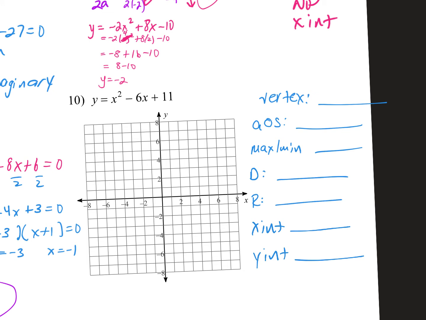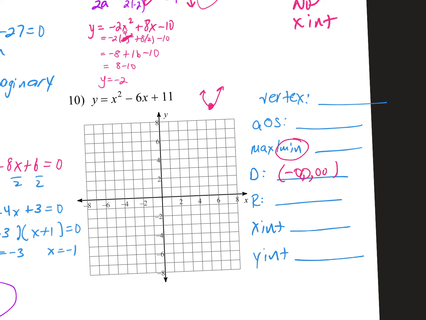All right, again, draw yourself a little picture. What kind of a parabola do I have, positive or negative? It's positive. That means this point right here, that's my vertex. Is that my maximum or my minimum? Minimum. What's the domain? Negative infinity, positive infinity.